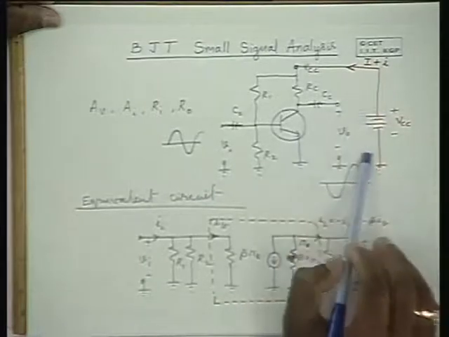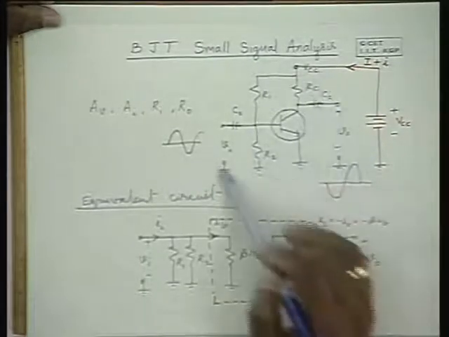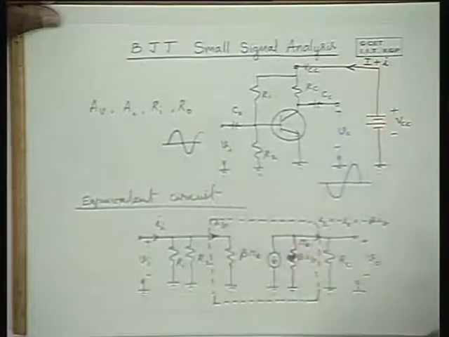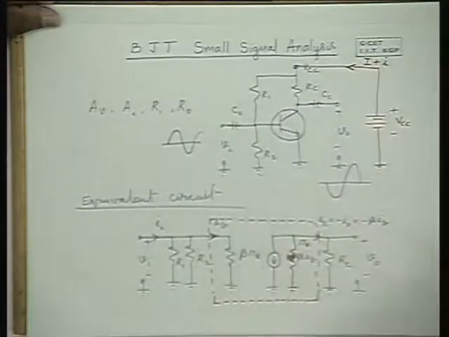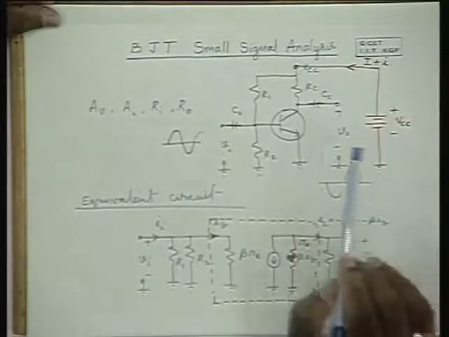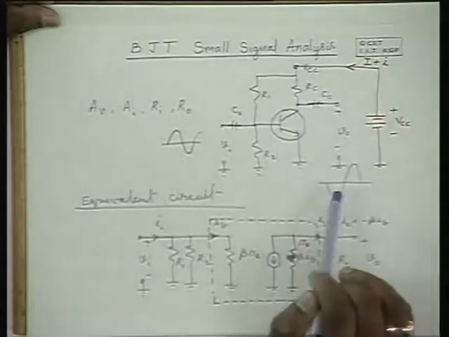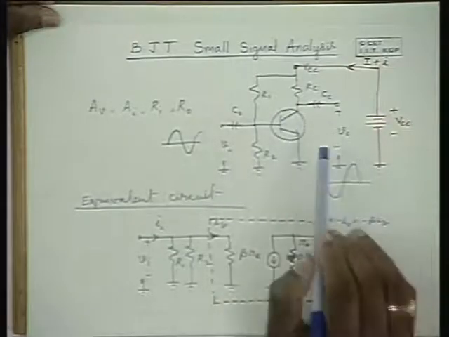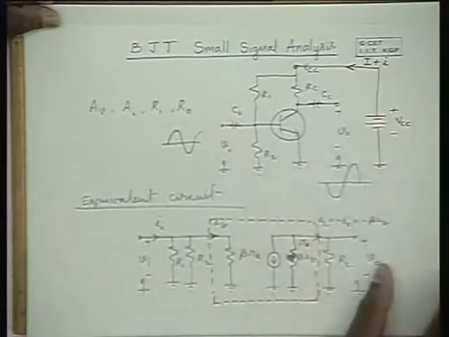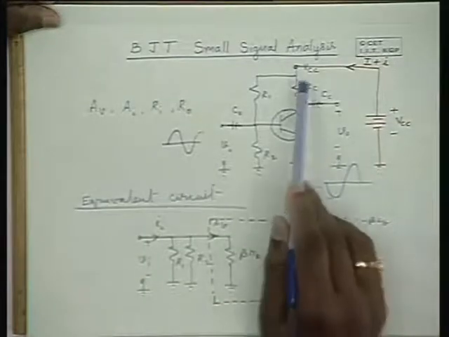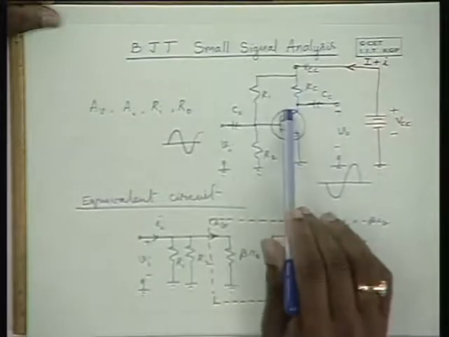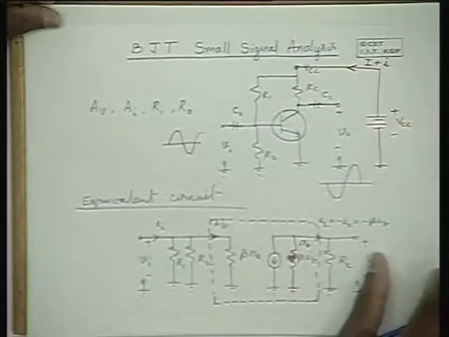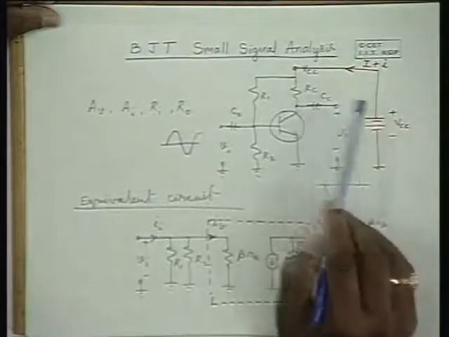And when you connect RL, using the amplifier model, we can determine how much voltage gain you can get. In using that, you will be using only this R0 and an external RL. Therefore, it doesn't include RL in calculating the output impedance. Now, if you treat RC itself as a load resistance, and you want to determine the effect of the load on the transistor amplifier, then RC is also external to it.